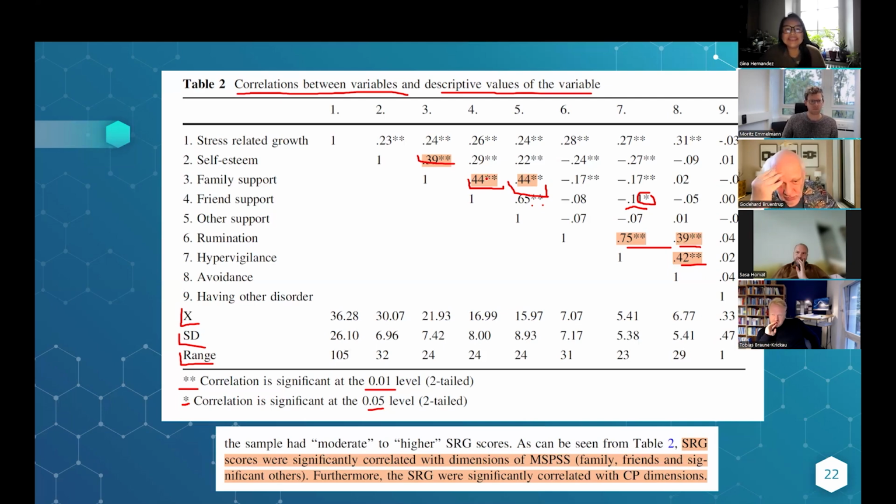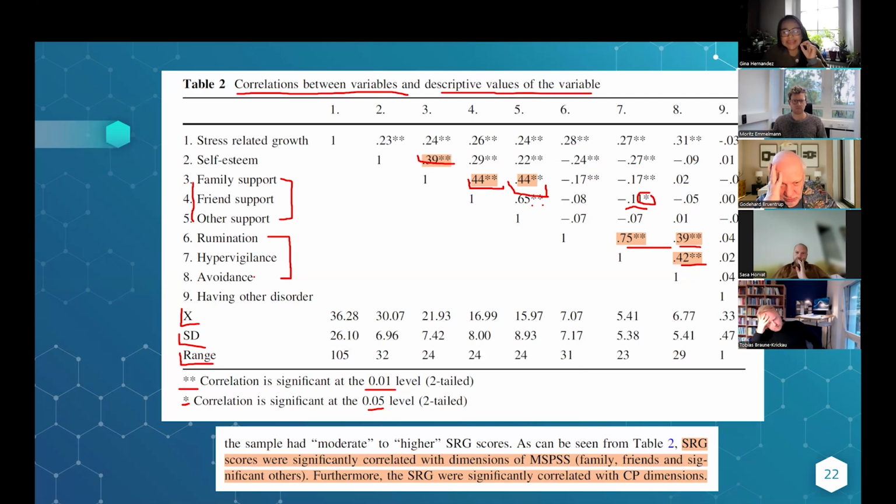In this case, this strong relationship means that if you have family support, it is likely that you have friend support and other kind of support. And the other ones here, 75, 39, are the correlations within cognitive processing. Rumination is highly correlated with hypervigilance, and hypervigilance is highly correlated with avoidance. This is why they are highly related, because they are actually part of the same scale.